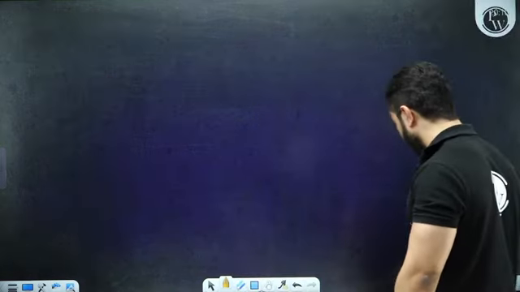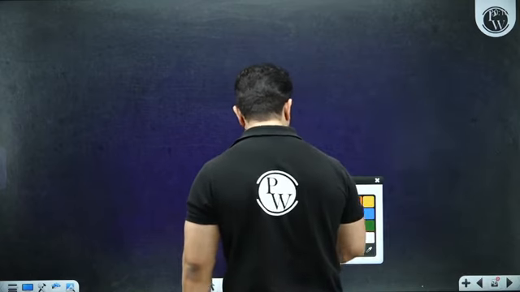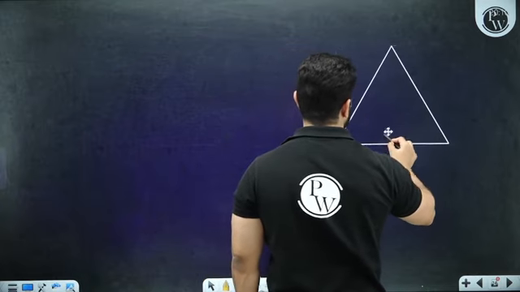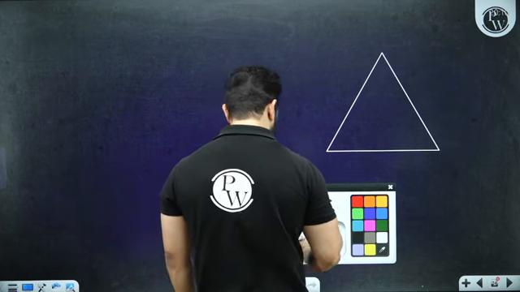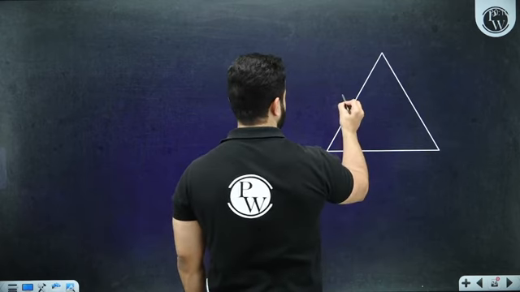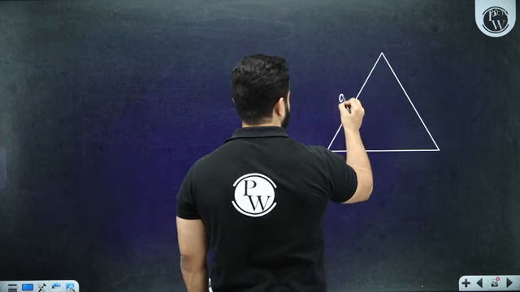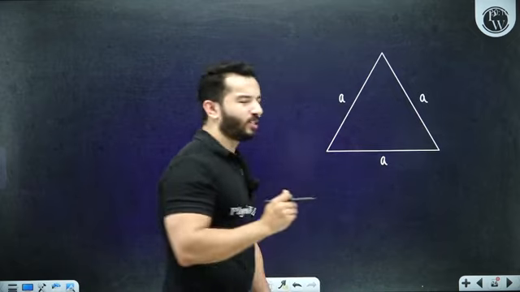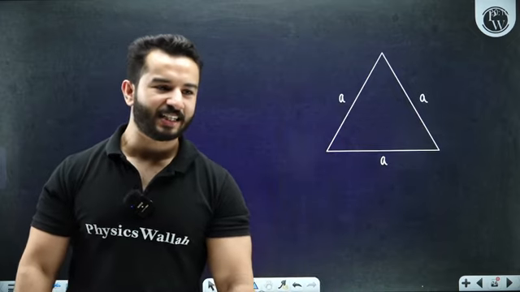And if you remember, we have got a question something like this, that let's suppose we have got an equilateral triangle, and this initial separation is a. Actually they don't say it is an equilateral triangle.